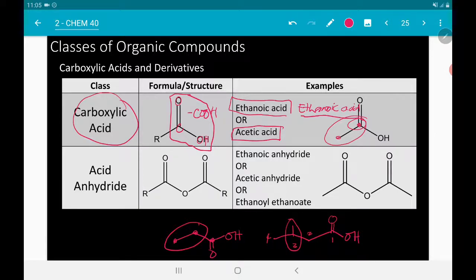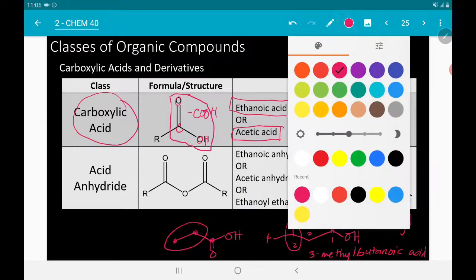So this will be a 3-methyl substituent. So you call this a 3-methylbutanoic acid. Okay? So that's how you name carboxylic acids.